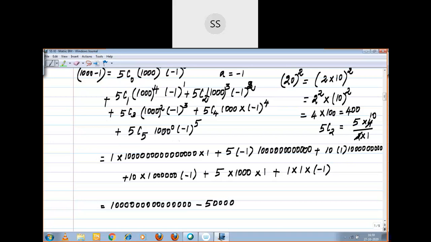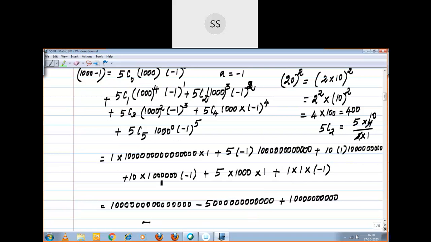Now, 5 into minus 1, minus 5. Minus 5 into 1, minus 5. Then you should add how many zeros? 12 zeros. 3, 4, 5, 6, 7, 8, 9, 10, 11, 12.